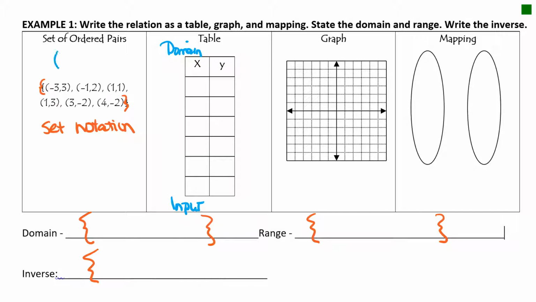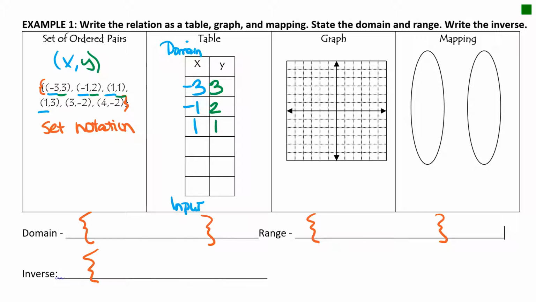And when I look at my ordered pairs, remember it goes x, comma, y. So when I look at these, my first x is -3. It matches with a y of 3. I have an x of -2, and it matches with a y. Well, that was -1, goober. And it matches with a y of 2. I have an x of 1, and it pairs up with a y of 1.